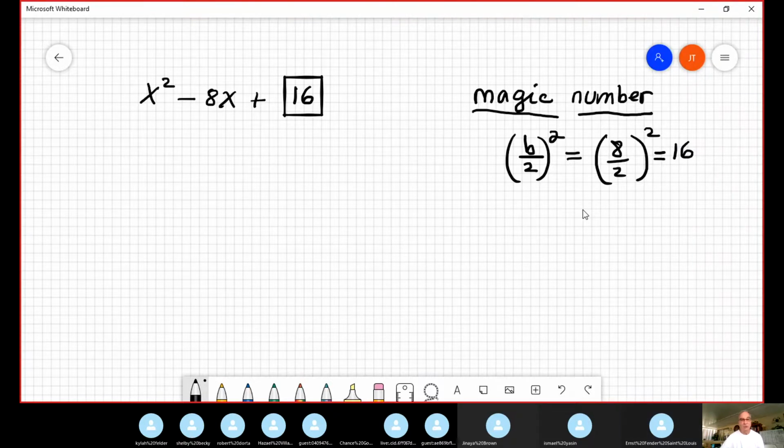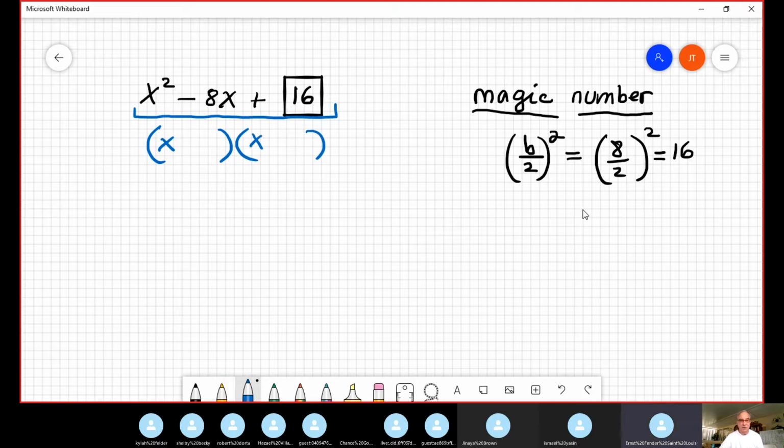Okay, I introduce artificially the magic number, but now I want to do the factorization of the trinomial. Open one parenthesis or two parentheses? 2. Why 2? Well, you can. What is the combination in that case?